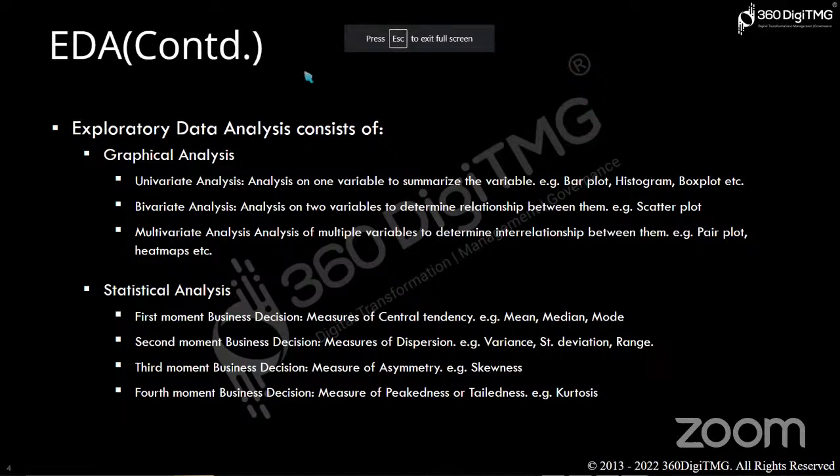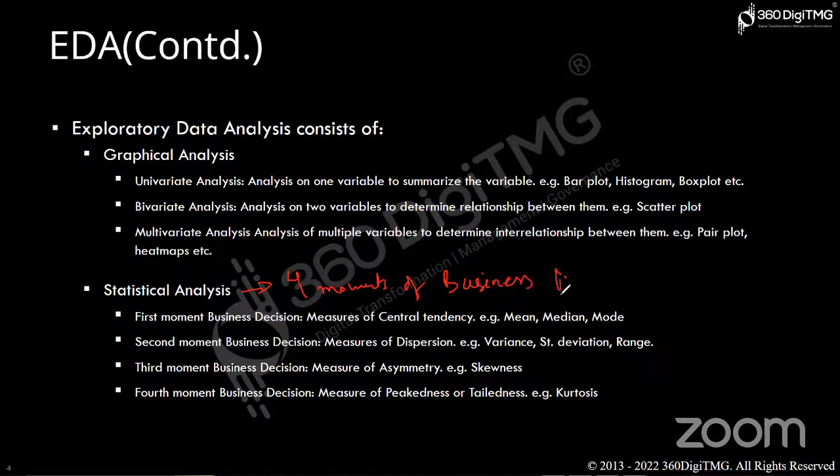Statistical analysis. So we learned about the graphical part of exploratory data analysis. Now let's move on to the statistical part of data analysis. In statistical analysis, we measure this using the 4 moments of business decision.